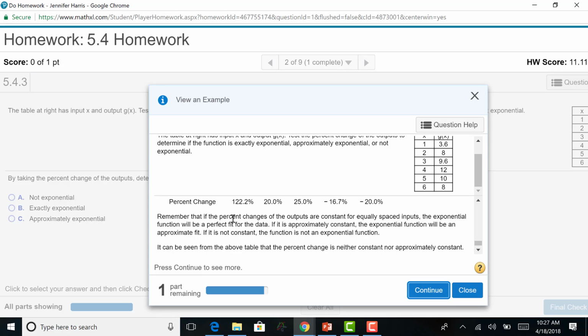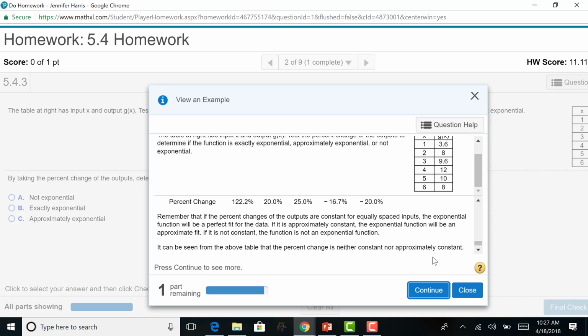it says, remember that if the percent changes of the outputs are constant for equally spaced inputs, then the function is a perfect fit. Were they the same, meaning that these came out to be the same? Were they equally spaced? No. So it can be seen from the above table that the percent of change is neither constant nor approximate.